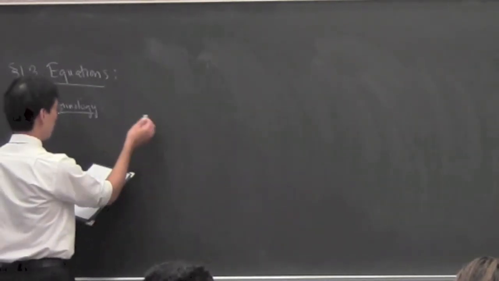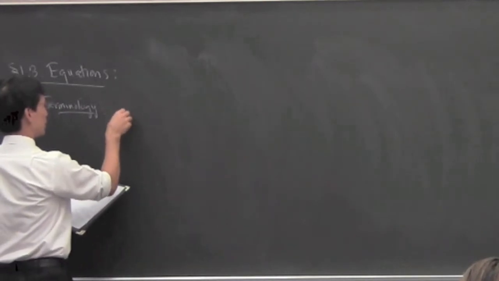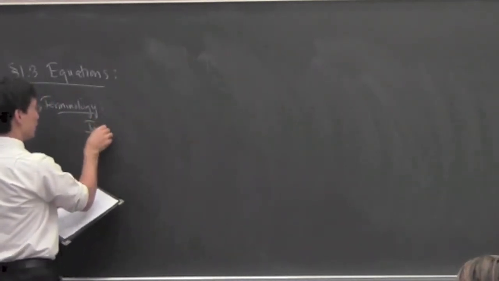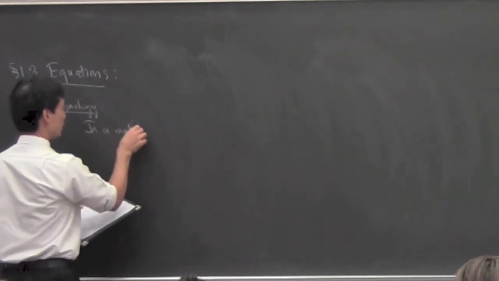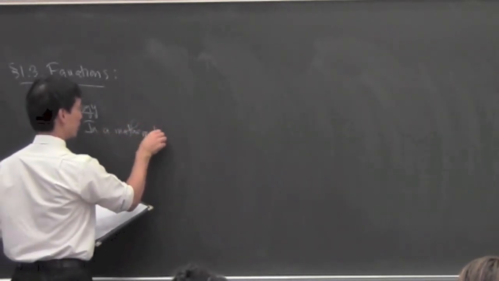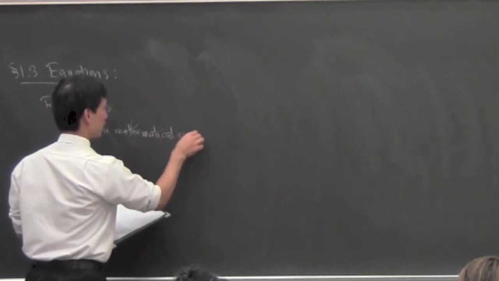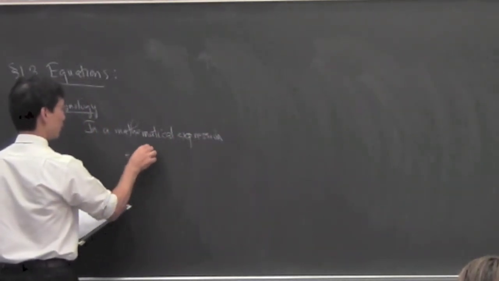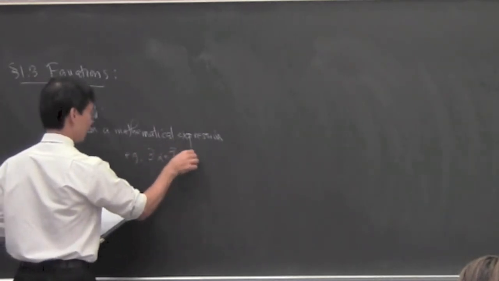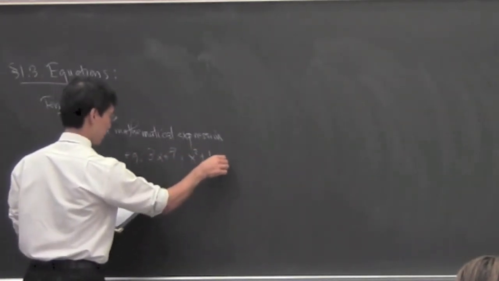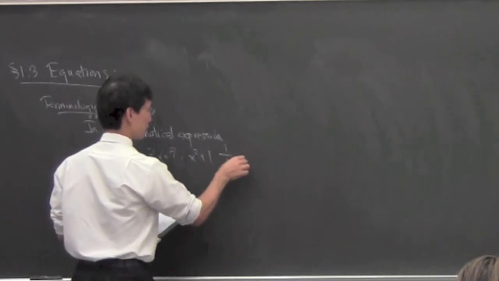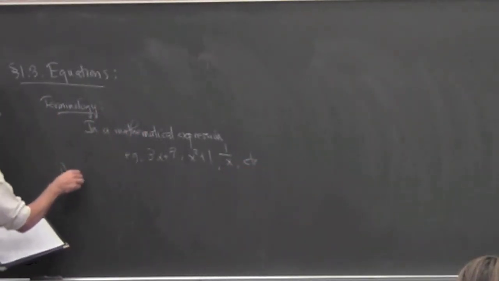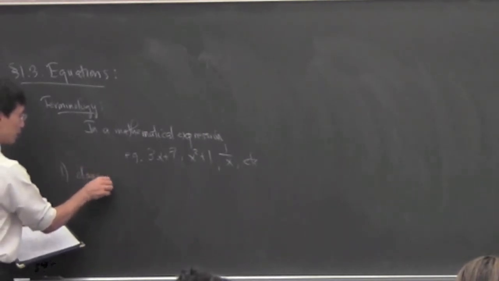Okay, so we have these mathematical expressions, for example, 3x plus 7, x squared plus 1 over x, etc. We have these terms like domain.